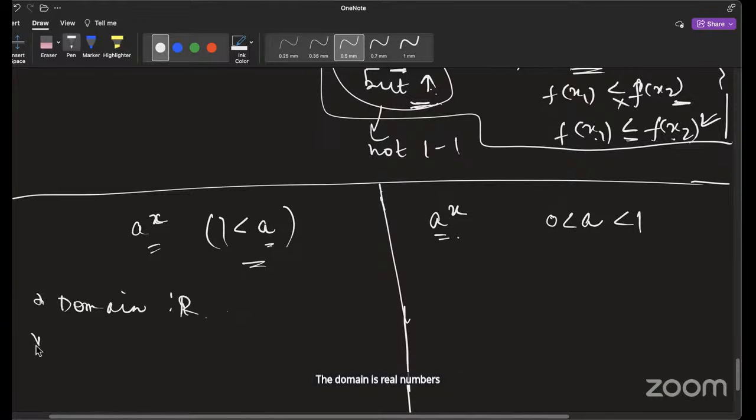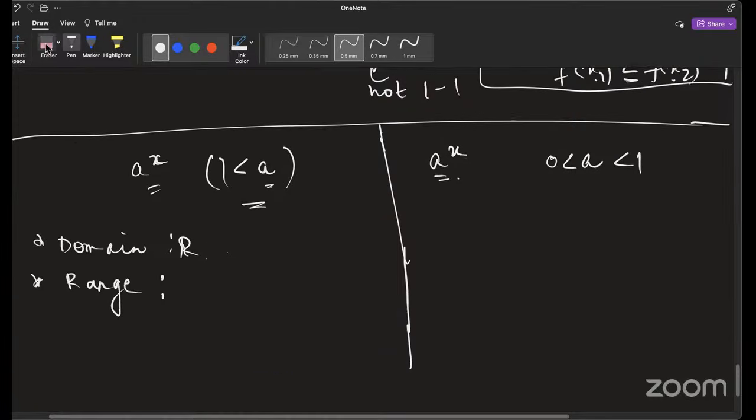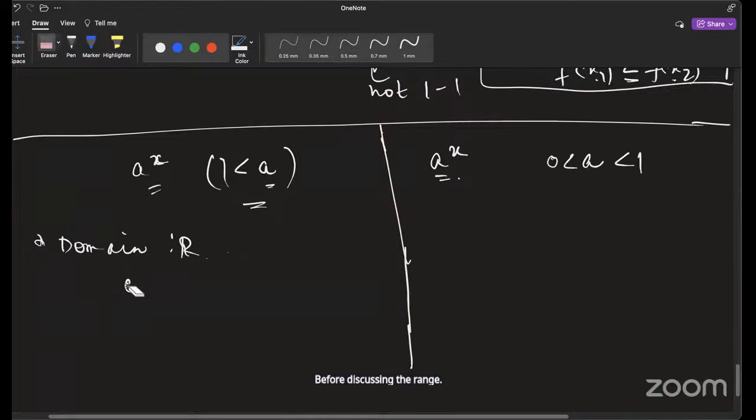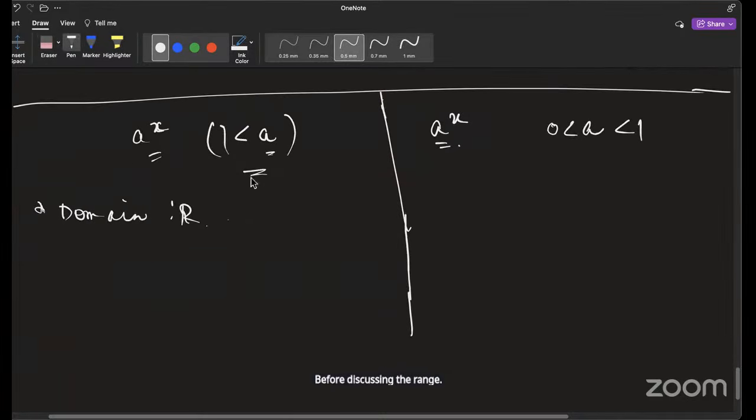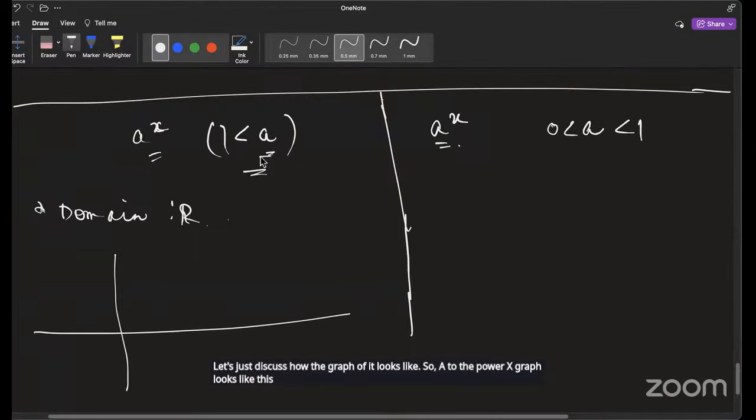Then coming to the range, before discussing the range, let's just discuss how the graph of it looks like. So the a to the power x graph looks like this. When your a is greater than 1, it's an increasing thing like this.